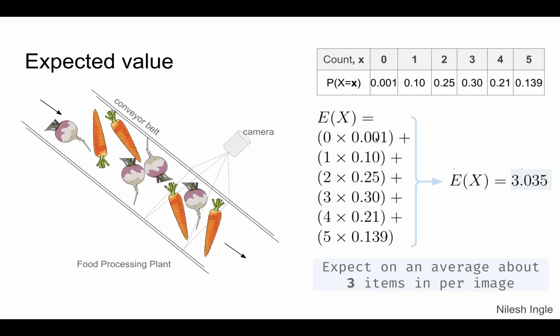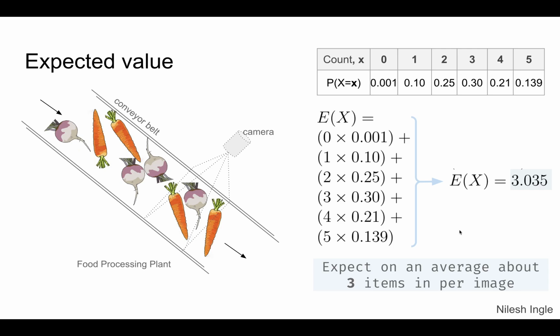The method to do that is to multiply this probability by this count value, so it's like a weighted sum. We multiply 0.01 into 0, then this into 1, and so on, and we get the expected value of 3.035.